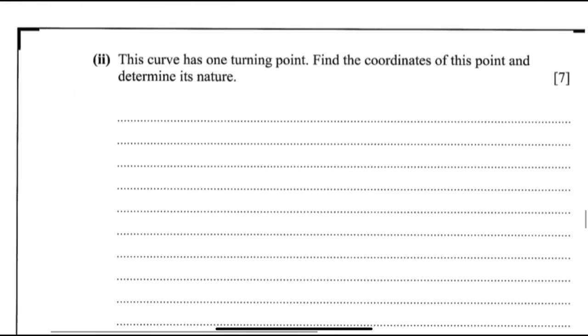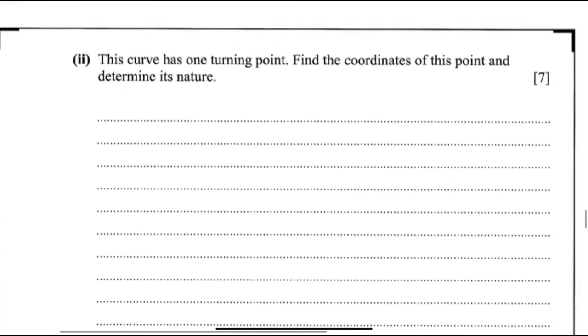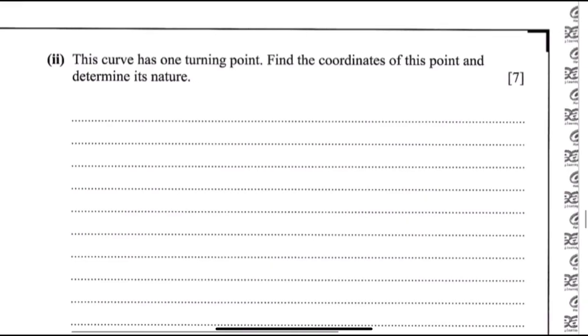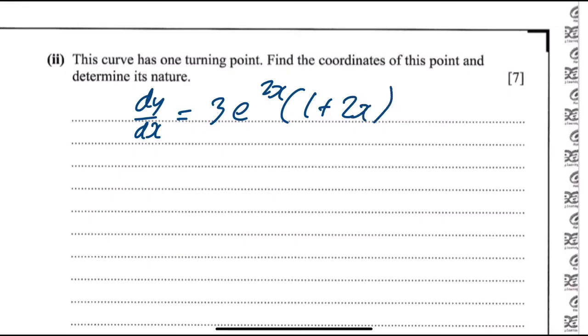Okay, next question says this curve has one turning point. Find the coordinates of this point. So first of all, we knew dy by dx was equal to 3e to the 2x, 1 plus 2x. To find the turning point, put 0 equal to that, 3e to the 2x, 1 plus 2x.